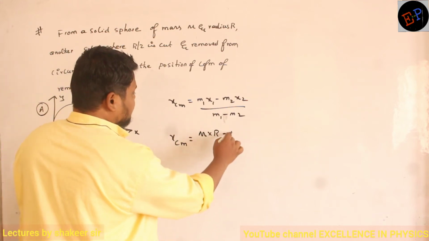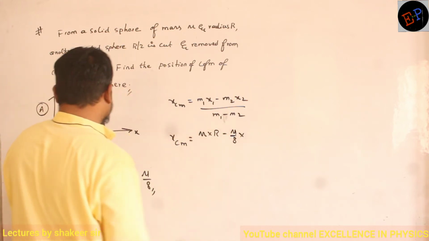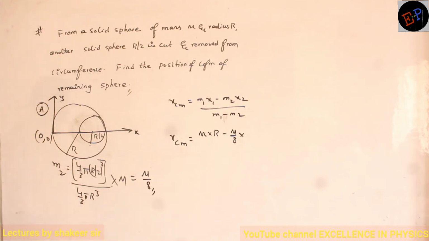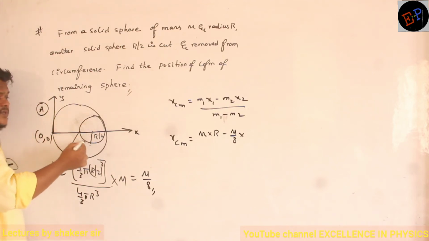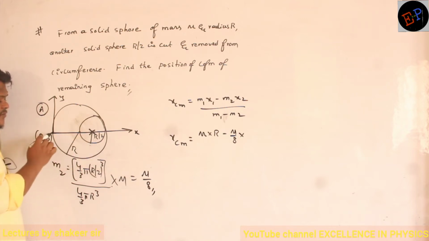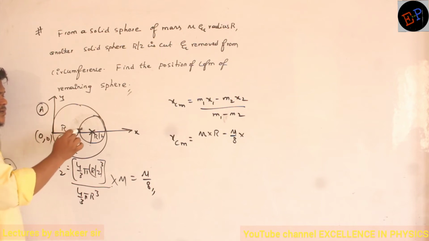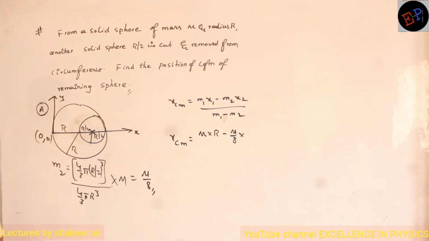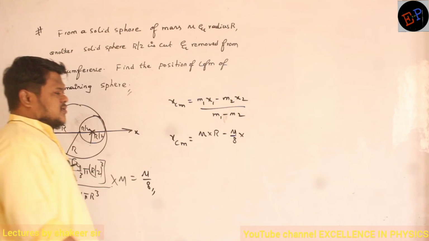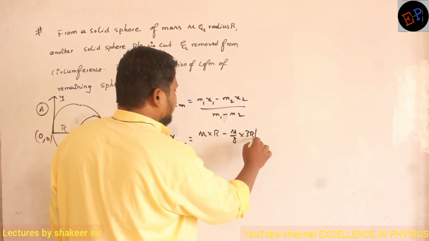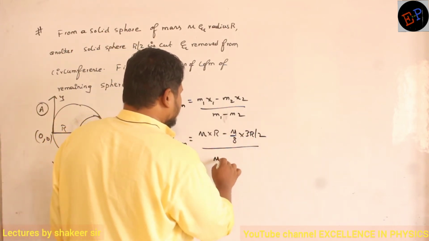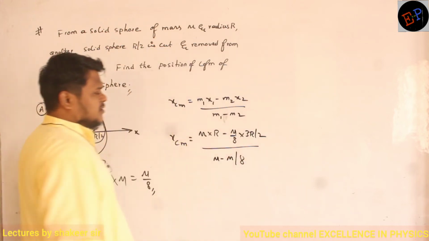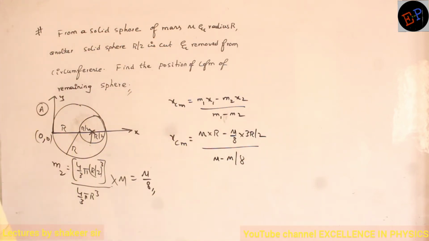Mass of removed body is m by 8, and its center of mass will be exactly at the center. Clear? And from the reference, what is the distance? So again it is r plus r by 2, 3r by 2. That remains the same. So m into 3r divided by 2 divided by m minus m by 8. Clear? Now just do the calculation, you will get the answer.